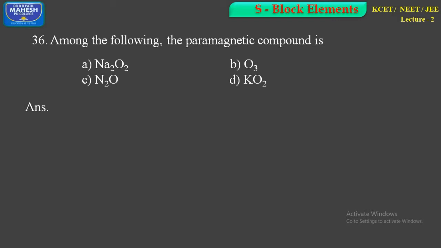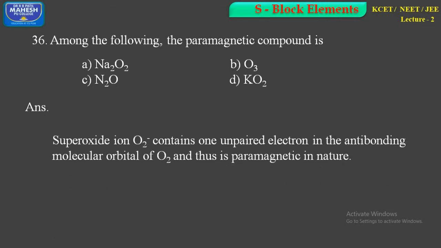Students, superoxide ion, that is O2 minus, contains one unpaired electron in the antibonding molecular orbital of oxygen, and thus it is paramagnetic in nature. So the right answer is option D, potassium superoxide.